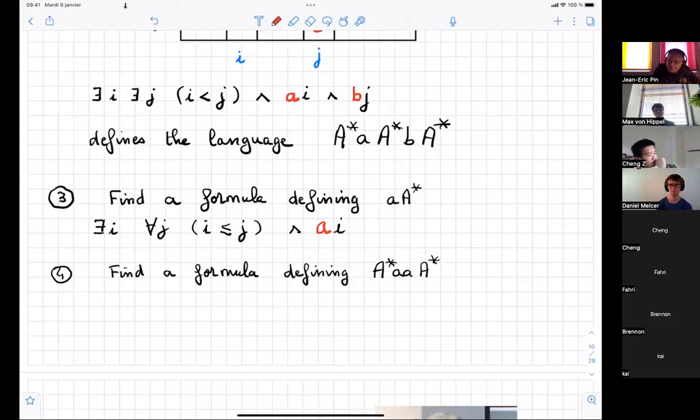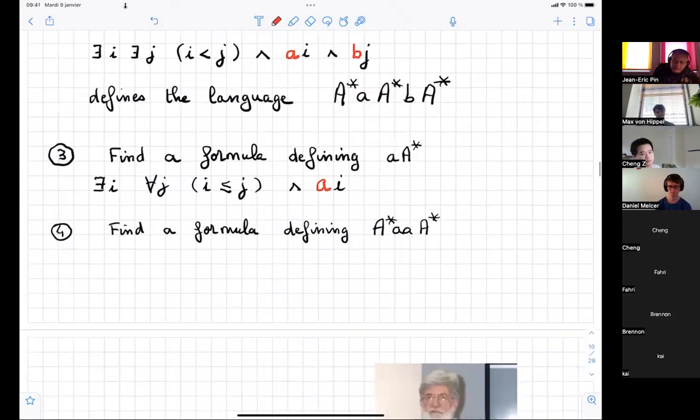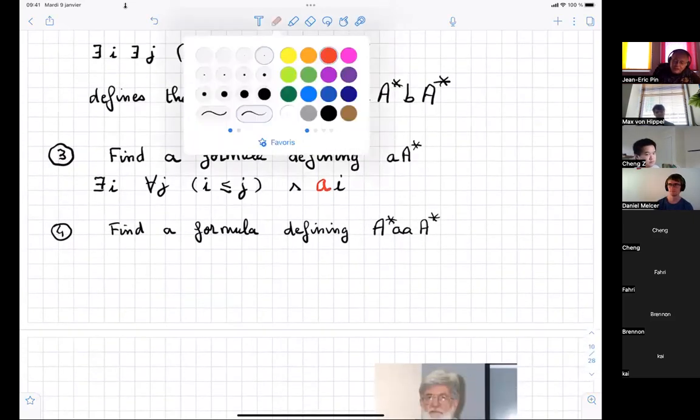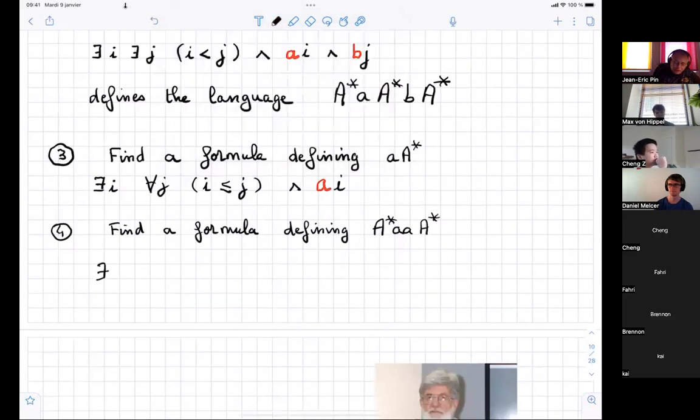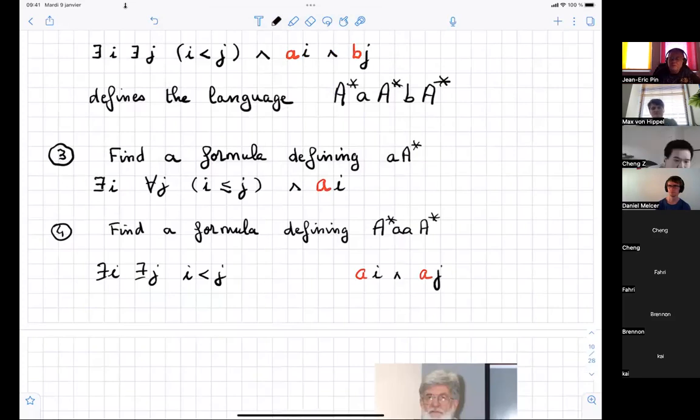So if you want to do the next one, A star, what you could do is say there are two positions I and J, and you want to say that I is smaller than J. And you want to have A, you want to have this, of course, A at I and J, but you want to also say that there is nothing between.